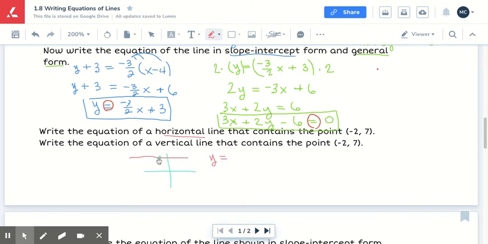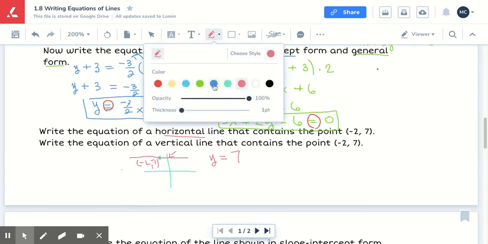So if this point here is at negative 2, 7, and I draw a horizontal line through that point, where do you think it would cross the y-axis? Well, it would have to be at the same y value of that point. So y equals 7 would be my horizontal line.